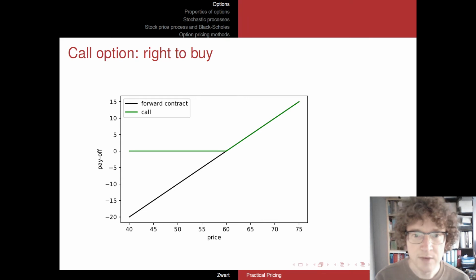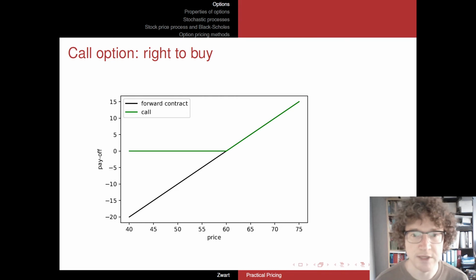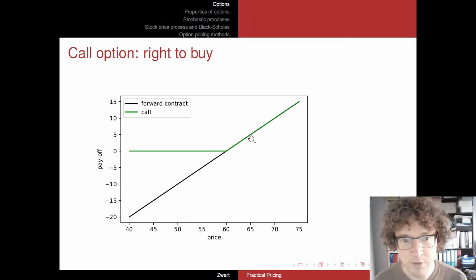So the green line with this kink in it is called the payoff of the call option. So call option, remember, I can always choose not to use it. So whenever it has a positive value, which happens if the share price happens to be above the exercise price, I will use it. So I will have this positive payoff here. So again, if the stock is worth 65 euros, I'm going to make this 5 euros a profit at that point in time.